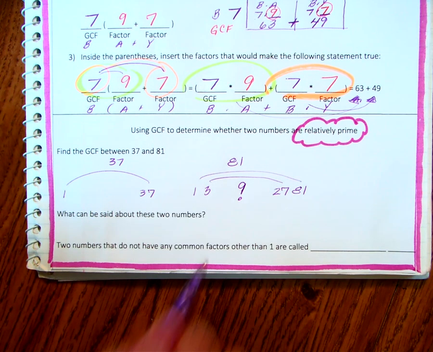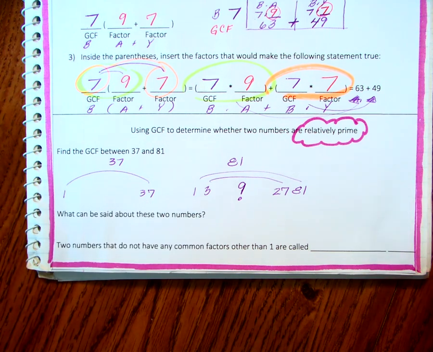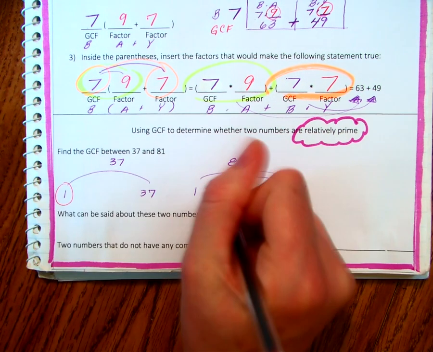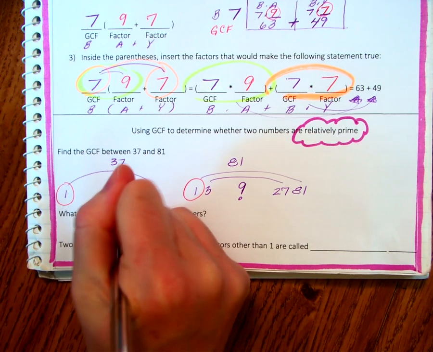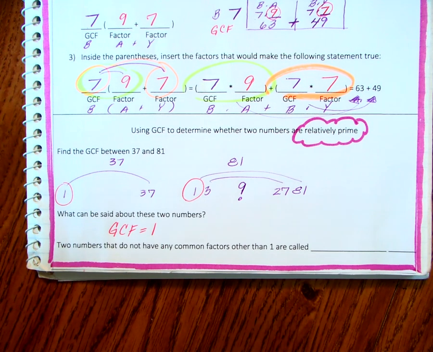Now, what can be said about these two numbers? What is the GCF between the two numbers? The only thing they have in common is 1. The GCF between the two numbers is 1.